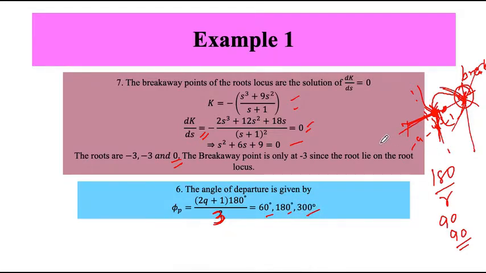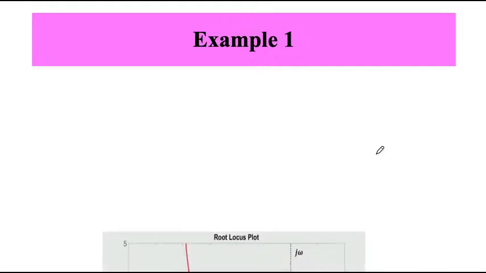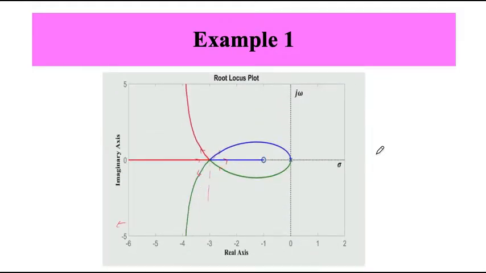So the roots will arrive here and move away to infinity at an angle of asymptote of 90 degrees. I just try to join these dots, so I will have a root locus that looks something like this. All points are clear, so this is my root locus for this system.